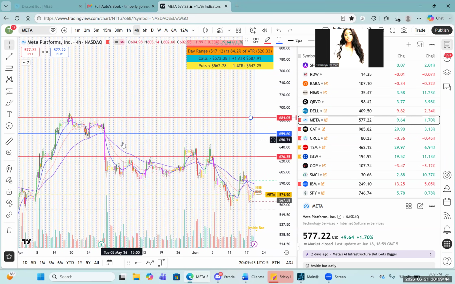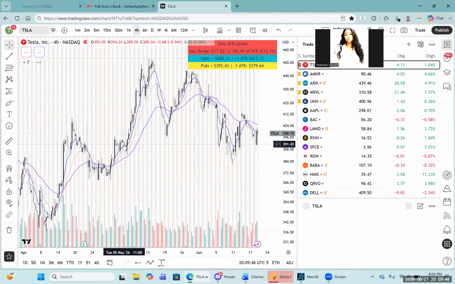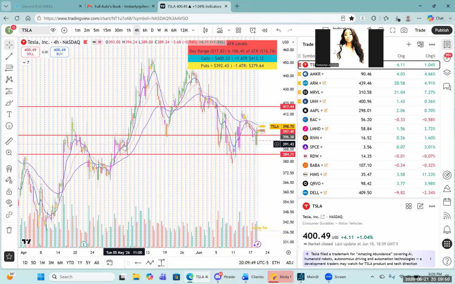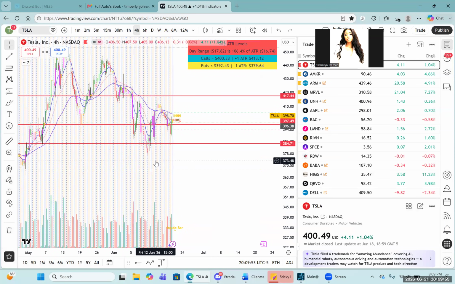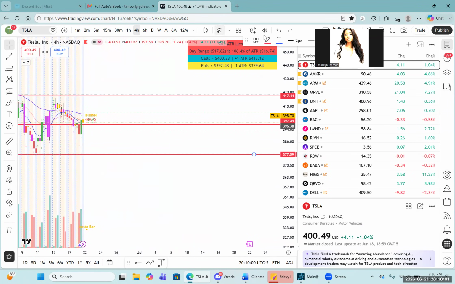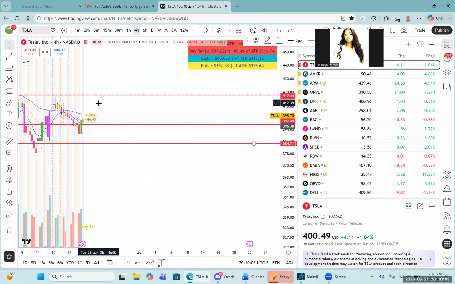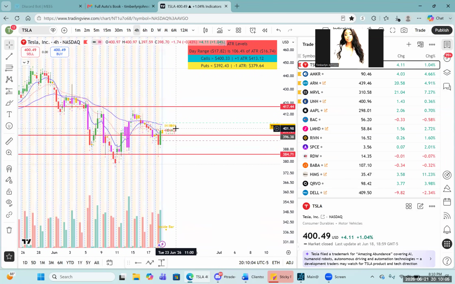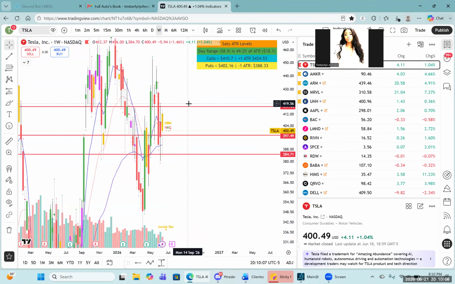Right. So for example, with Tesla, I told you. When I decide what I want to get into, sometimes it may not even play out, but it depends on an actionable signal, like an inside bar. So right here on a weekly, I'm like, okay, I know that Tesla can move. It has an inside bar on a weekly.